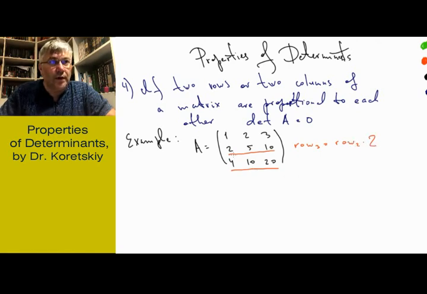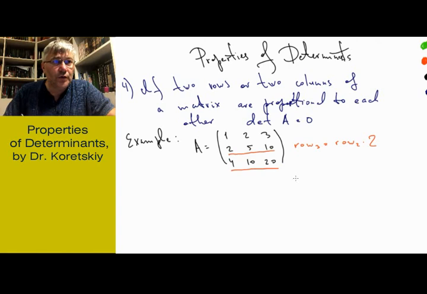So it means that A31 equals A21 times 2, A32 equals A22 times 2, and 20, it is 10 times 2. So you can see that row 3 is proportional to row 2 with factor 2.